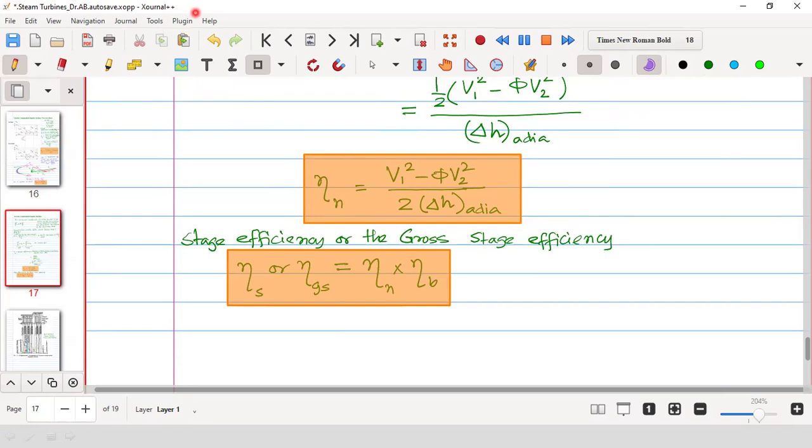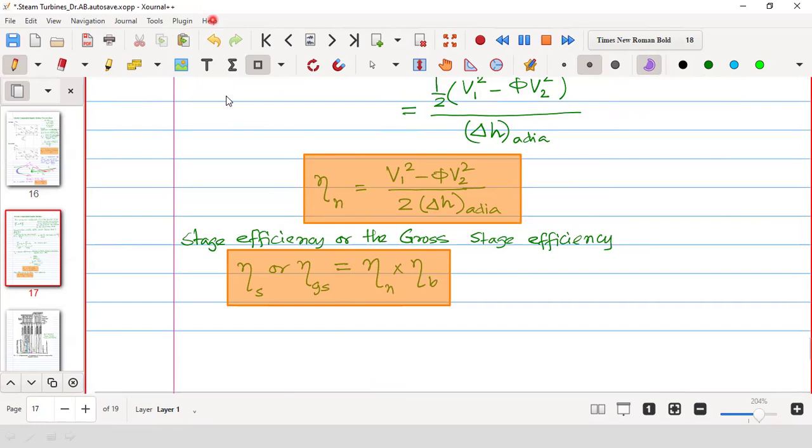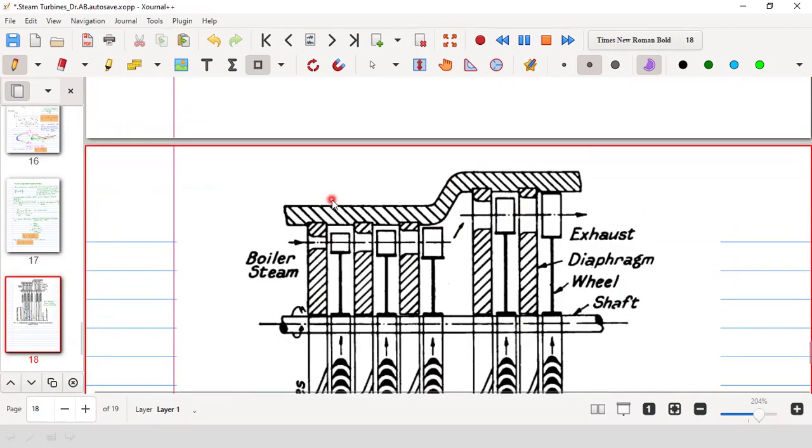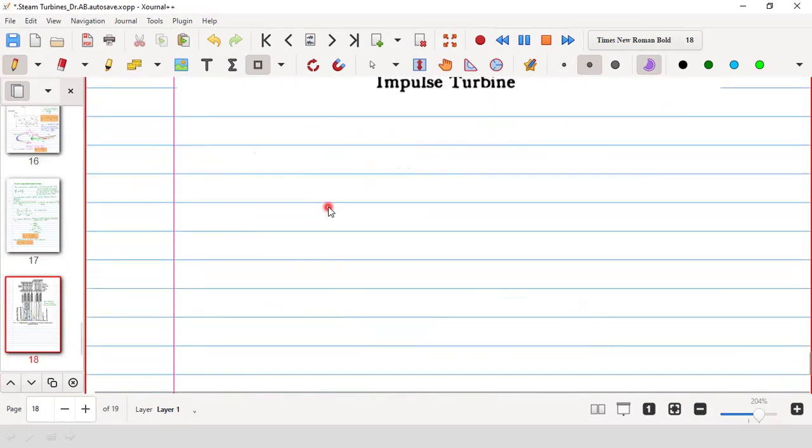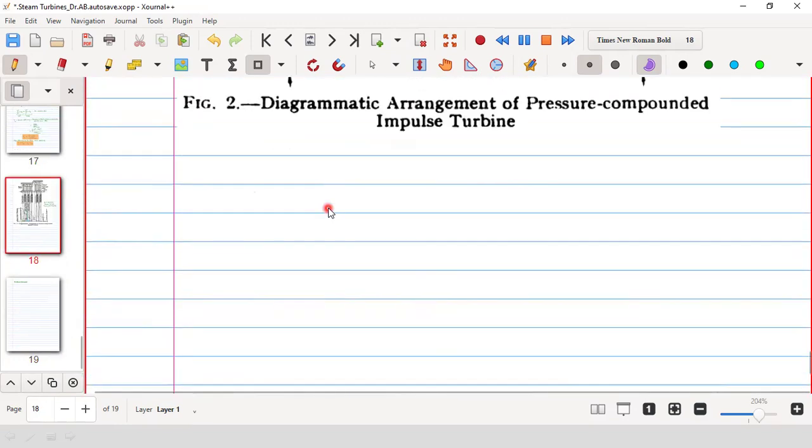That calculation can be done, but it will take some time. Okay. That is up to this.